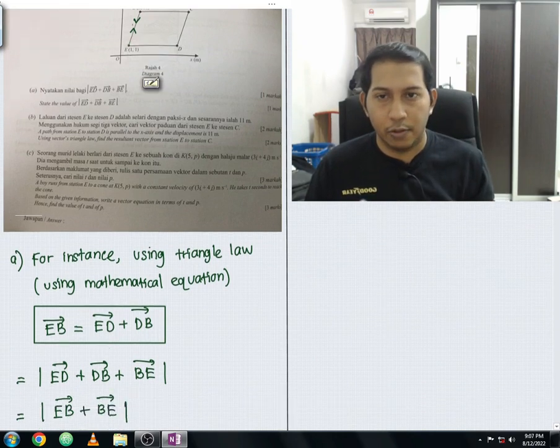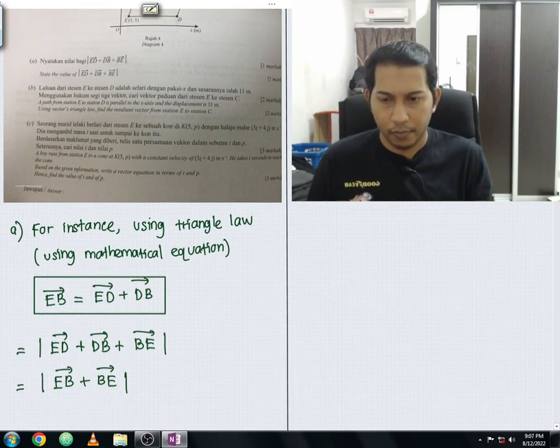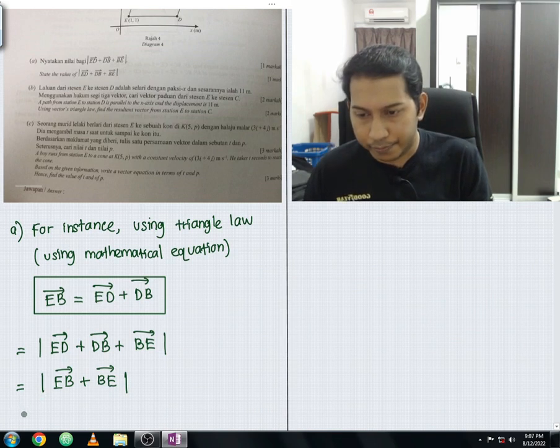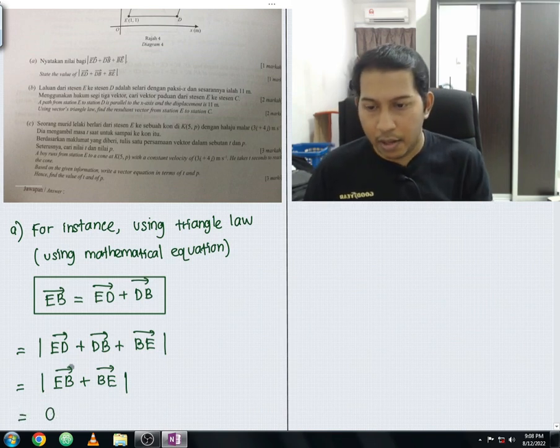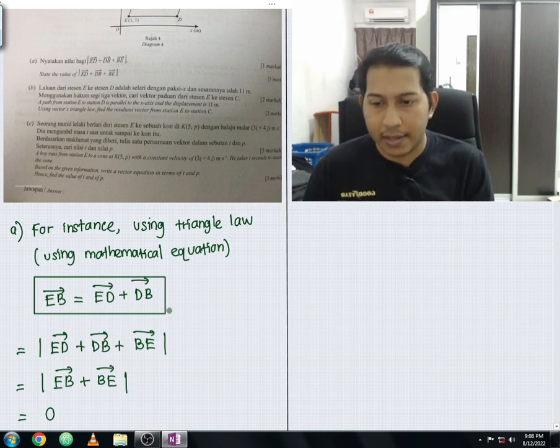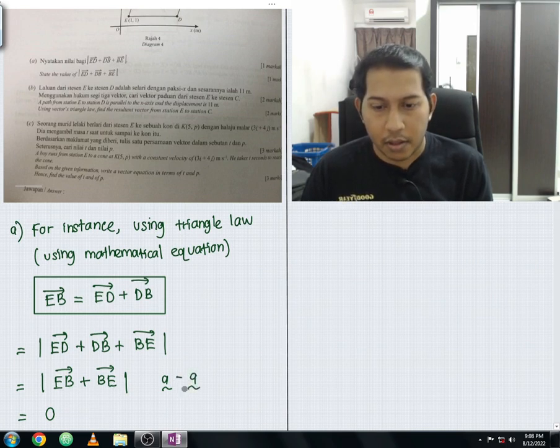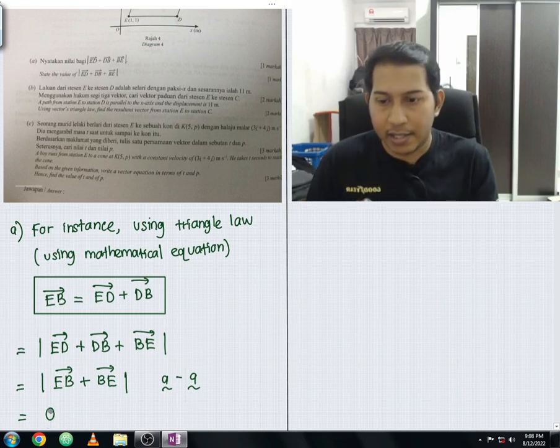So when you add two opposite vectors, your answer will be 0. For example, let's say vector EB is A. Then vector BE will be negative A. So A minus A is 0. That is the explanation behind this, guys.